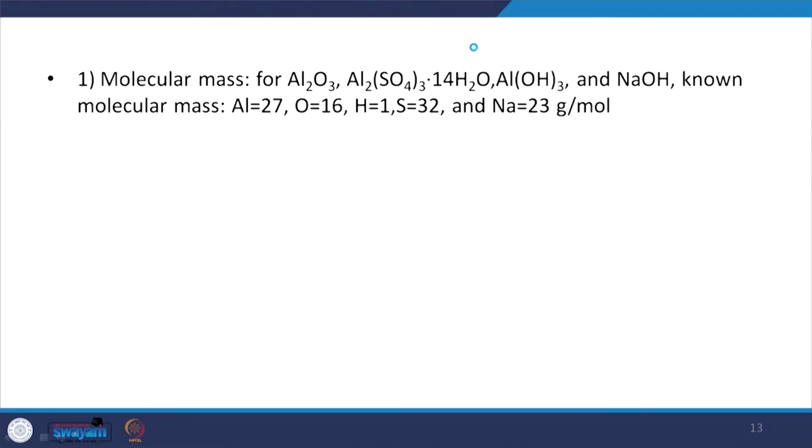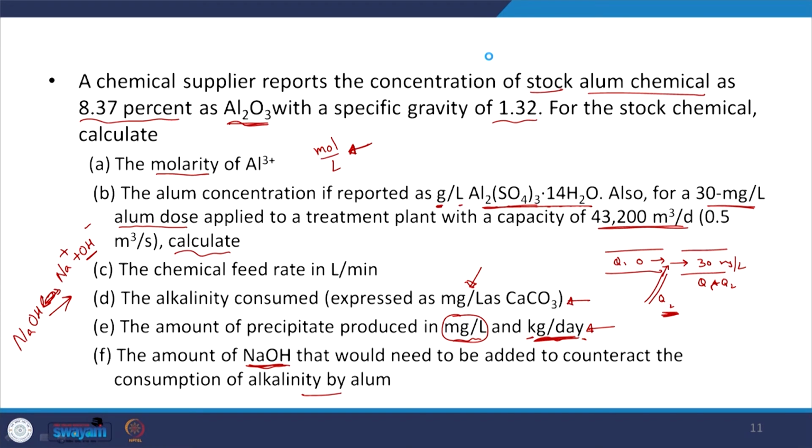So, let us get that done. Here we are calculating the molecular masses of the different compounds of interest. Obviously, Al2O3, that was asked in the question, and Al2(SO4)3·14H2O, because in part B we were asked to calculate it in the form of Al2(SO4)3·14H2O per liter.